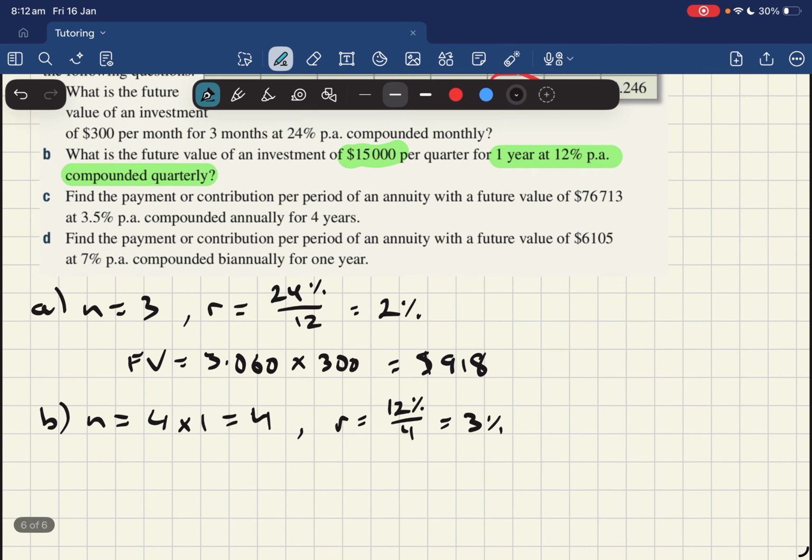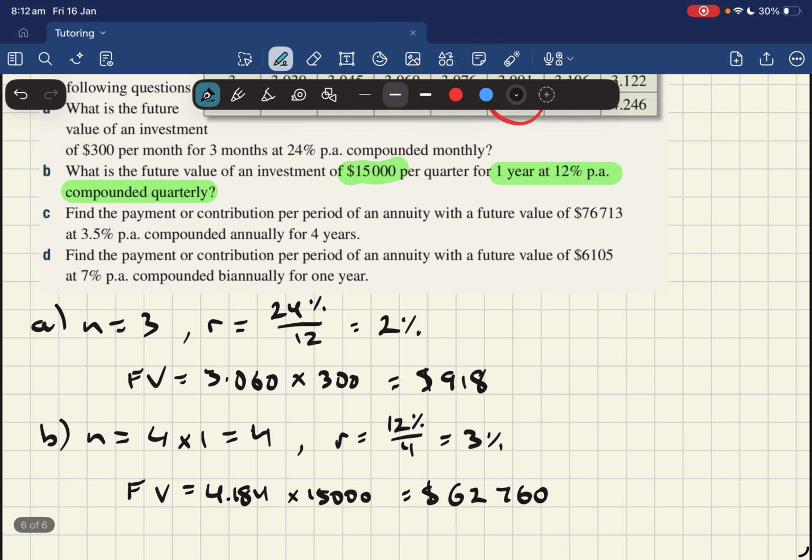So it's still asking for the future value, so I can write FV equals 4.184 multiplied by 15,000. And that gives, once you put it in your calculator, 62,760.